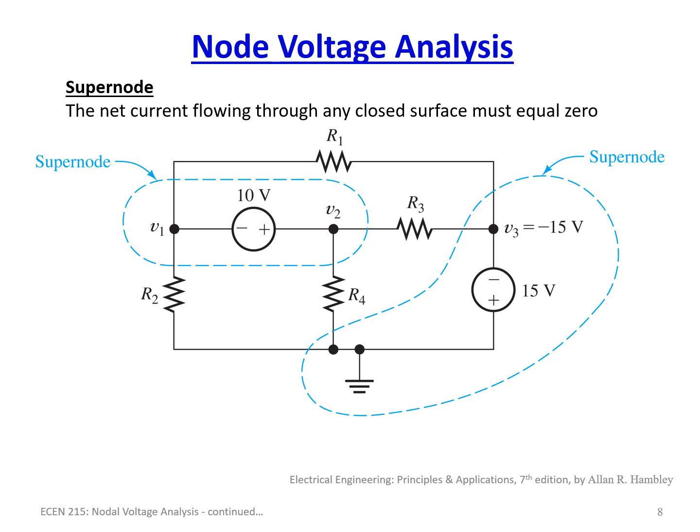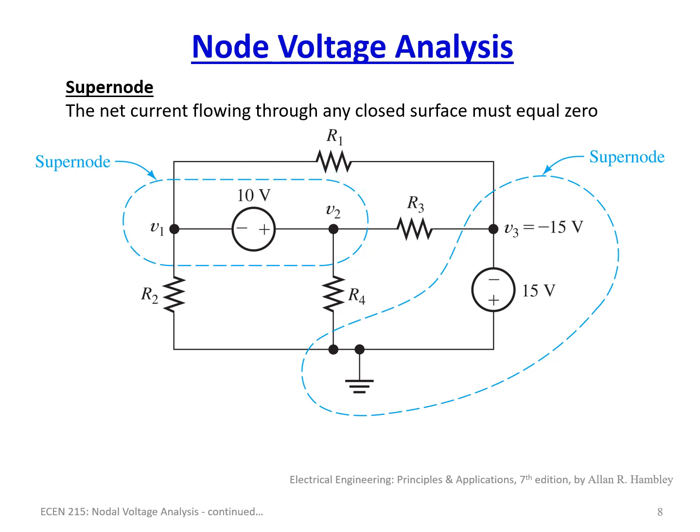So what it's saying is that KCL still applies, but the net current flowing through any closed surface must equal 0. Instead of just the node, it's considering the surface. So the surface here, they drew around this 10 volt power supply, they drew a circle around V1 and V2.